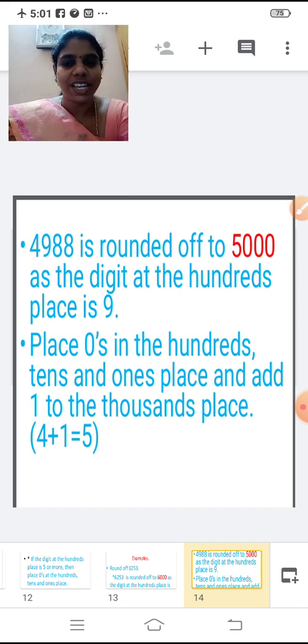So 4,988 is rounded off to 5,000. Since the digit at the hundreds place is greater than 5, you are going to place zeros at the hundreds, tens and ones place, and we are going to add 1 to the digit at the thousands place. So 4 plus 1, 5. 4,988 is rounded off to 5,000.